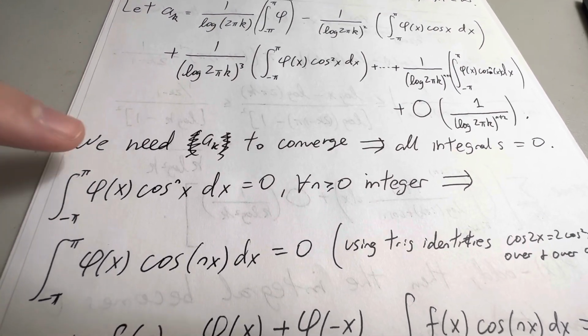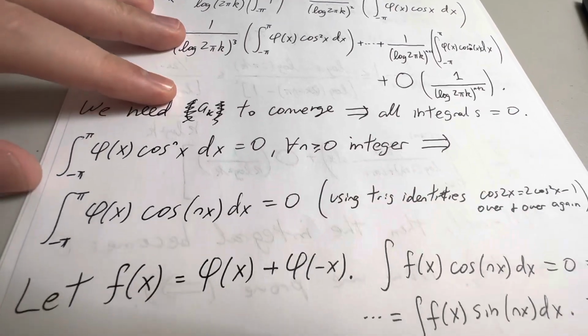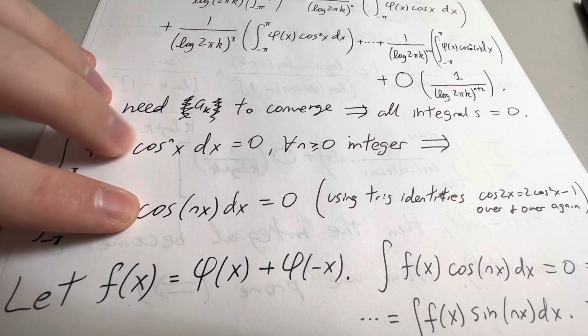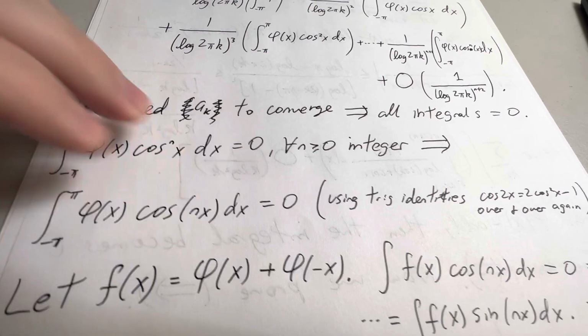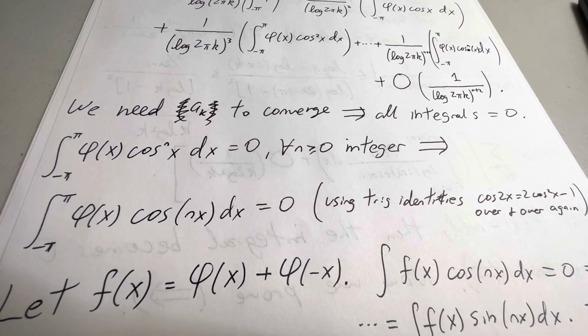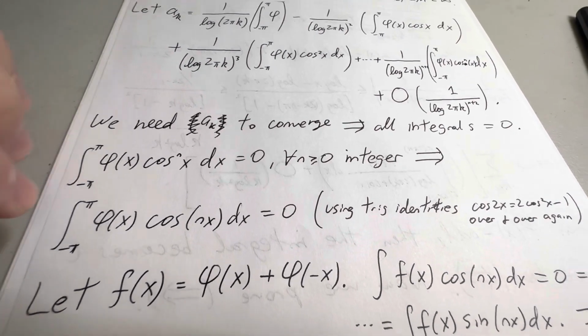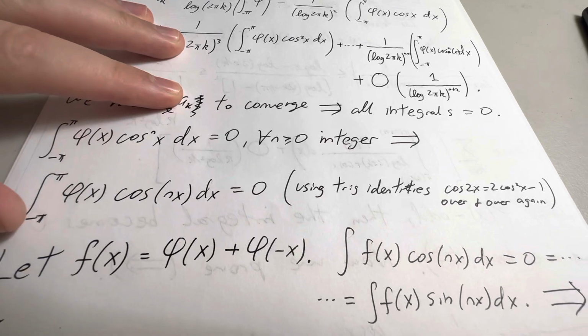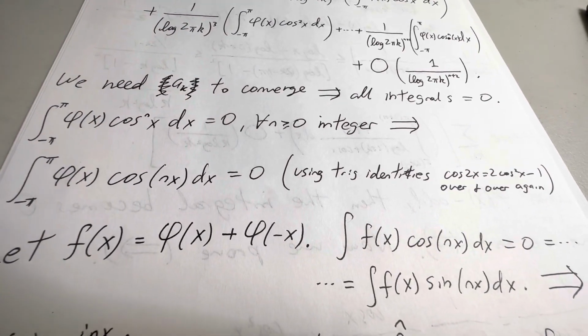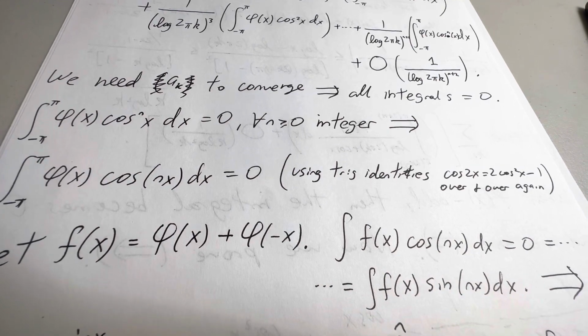Okay, and so now the next step is we want to replace cosine n with cosine nx, where this power goes inside here. And that can be done using trig identities. Again, there's a little bit of hand waving going on here, but he's okay with it, as long as you explain why it works.